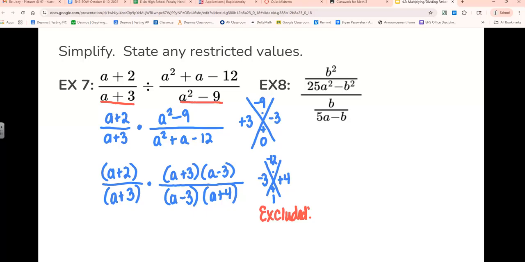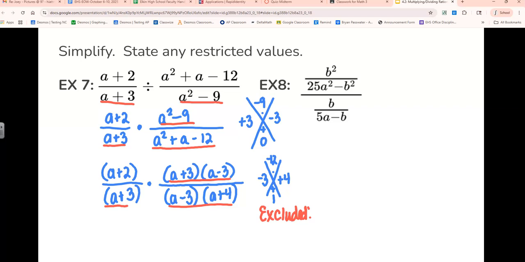But once we flip the fraction, there's my a plus 3. Now my a squared minus 9 is in the top, and this is in the bottom here. So we can't have zeros in any of those places, right? So really, top or bottom of the second fraction cannot equal 0. And then the bottom of the first fraction cannot equal 0. So we're looking at all three of these right here.